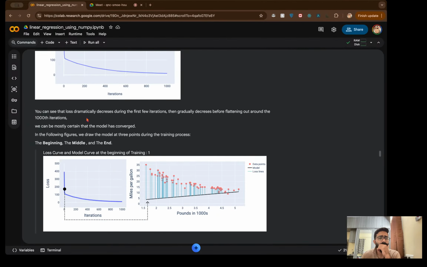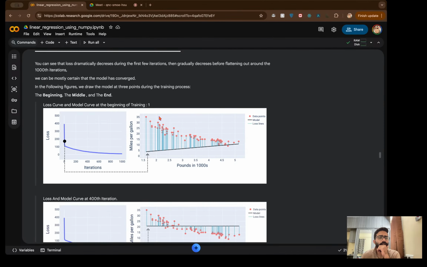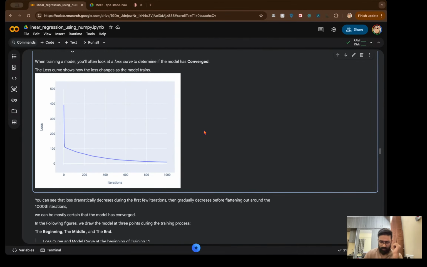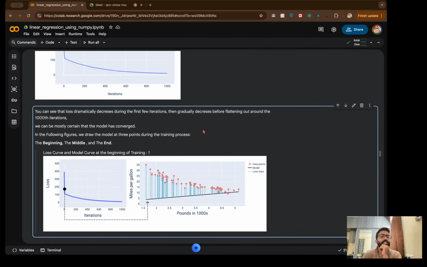You can see that loss decreases dramatically during the first few iterations, then decreases gradually before flattening out around the 1000th iteration. We can be mostly certain that the model has converged. This is what we call the convergence of the model. What do we mean by convergence?